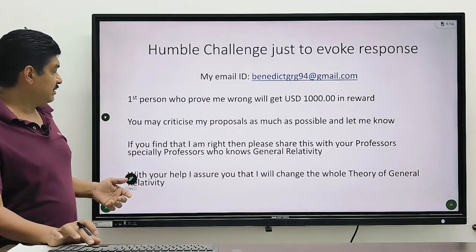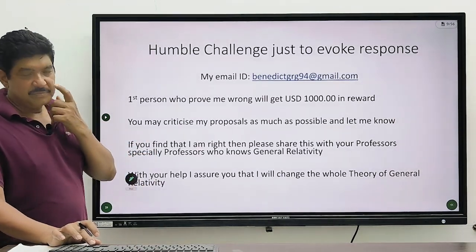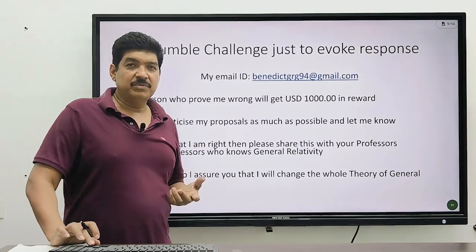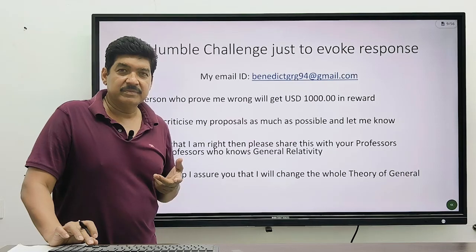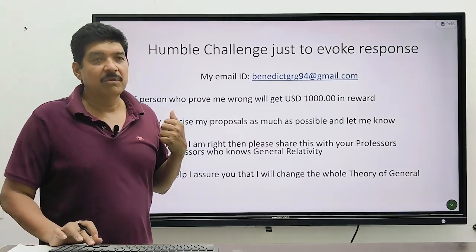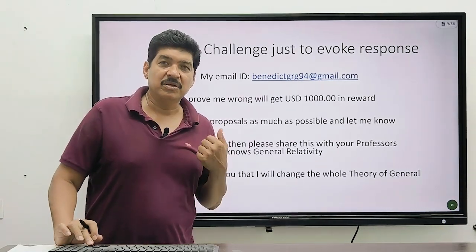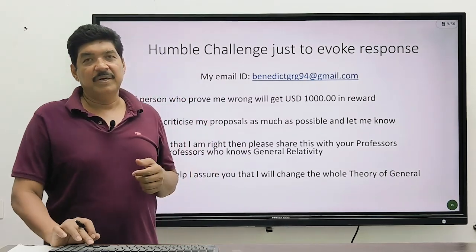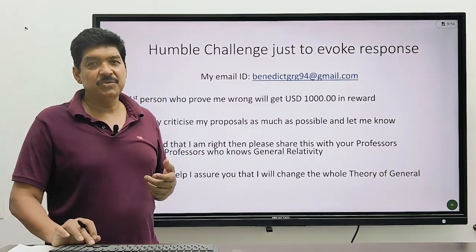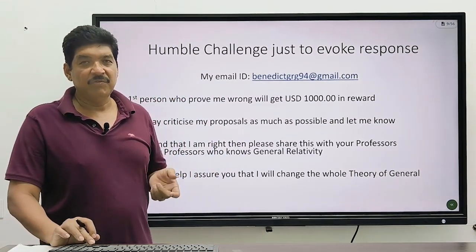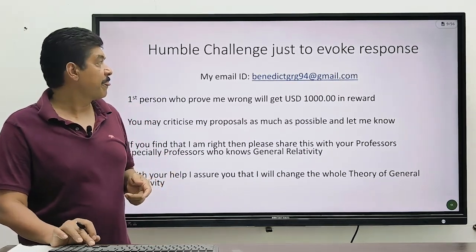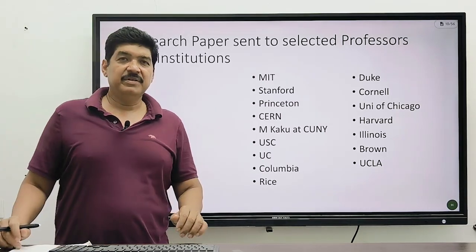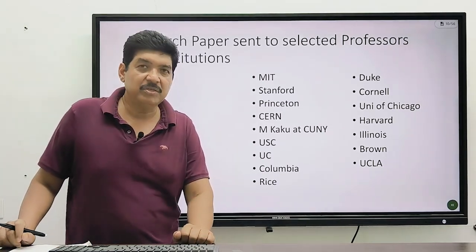So kindly share it. Then if you give your critiques or your suggestions on it, I am going to develop a new theory of general relativity which will be helpful in quantum mechanics also, right?